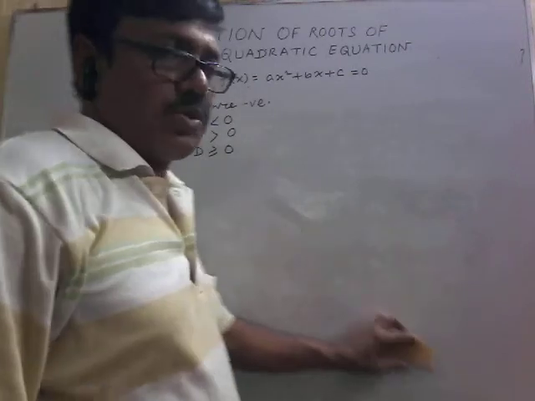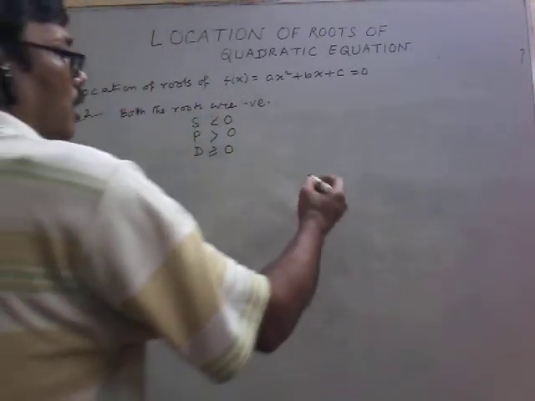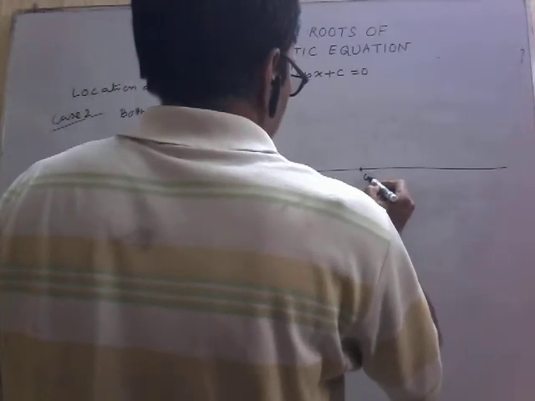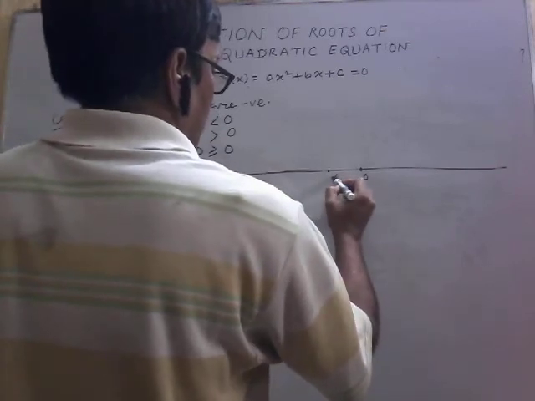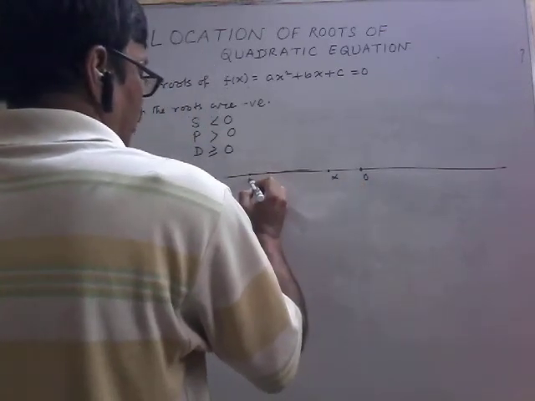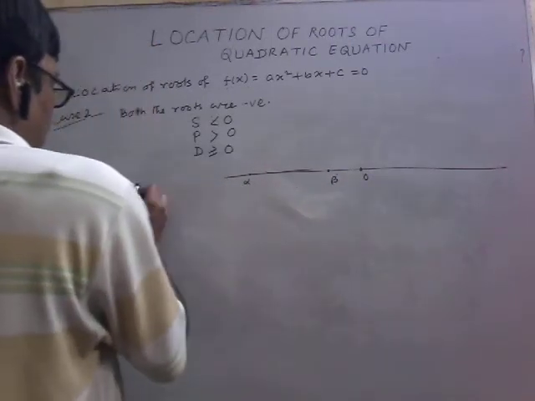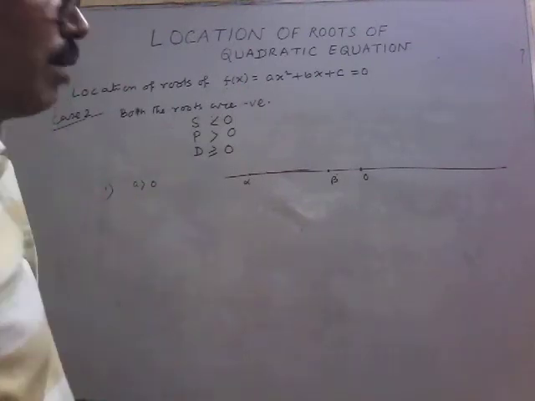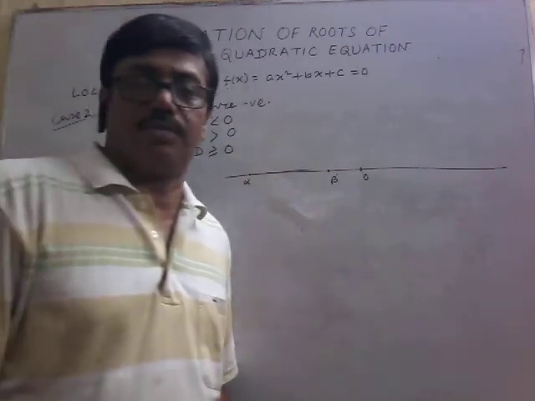For two roots, now what will be our figure? Look, both the roots are negative. This is O. So negative roots. This is alpha. This is beta. So if a greater than 0, then the parabola will be of what type?